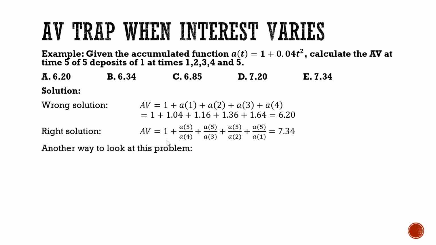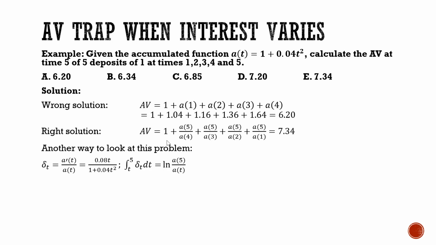Another way to look at this problem, because it might be hard for you to imagine why we have a5 over a4, a5 over a3, and so on, is using force of interest. Remember in the fourth lesson on measurement of interest, we learned how to compute the force of interest.